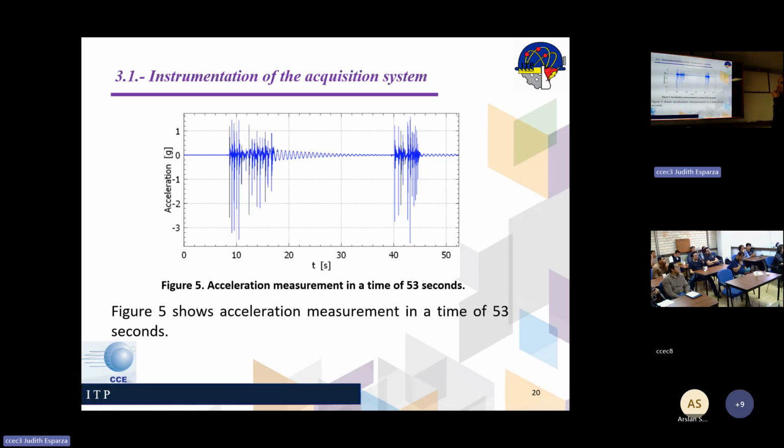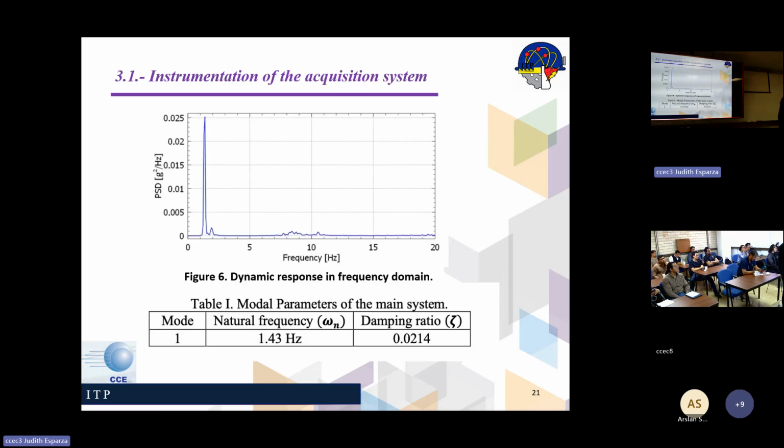This graphic is about the acceleration measurement and timing of 53 seconds. This is the wind turbine's behavior in the time domain. And this graphic shows the frequency.